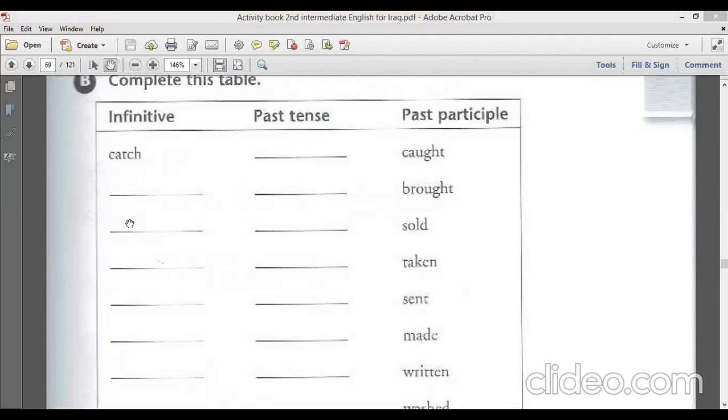The infinitive form, the first form. Bring, yes, bring, and the past tense is also brought. Okay, and now, what is the infinitive form of the verb sold? Sell, and the past tense is?